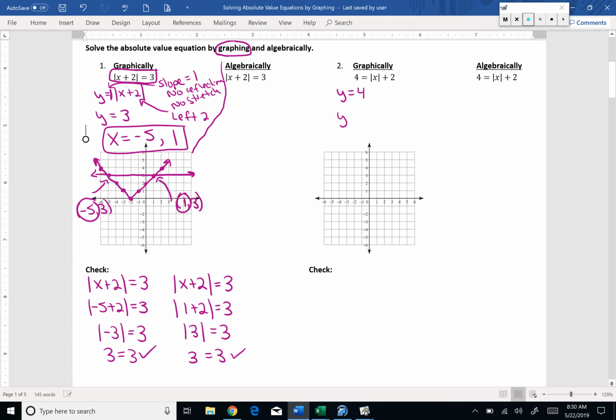Take the right side and graph it. So I want to go ahead and give you a chance to try graphing these, and then I will go through this one. But if you go through and graph it and you check it and yours checks, you can move on. I'm not going to slow you down.